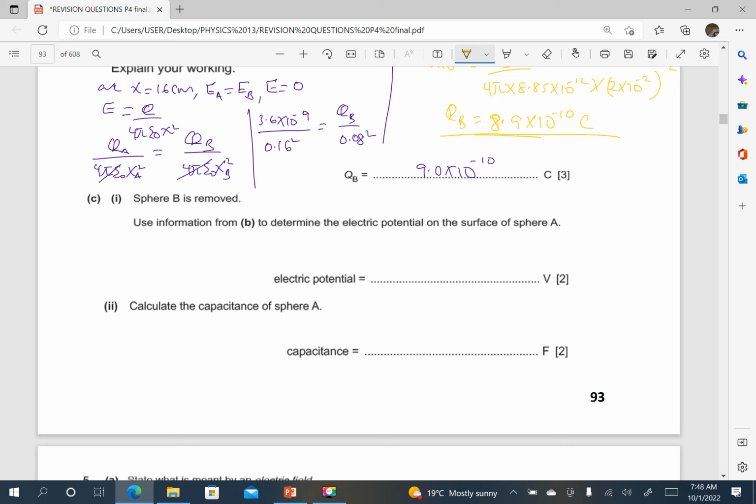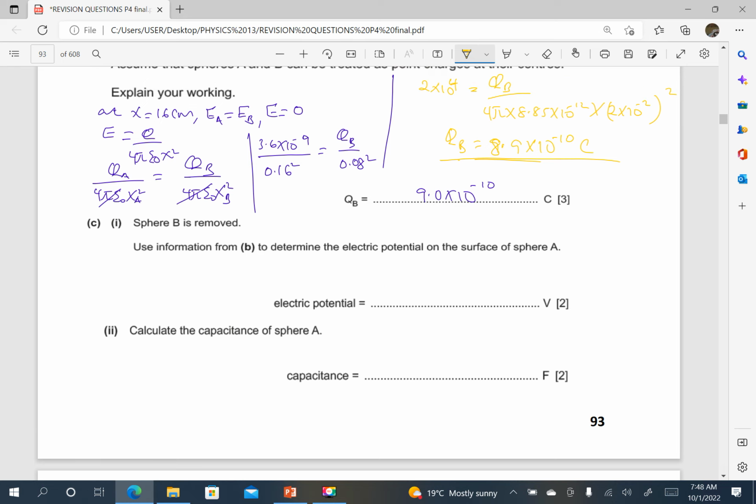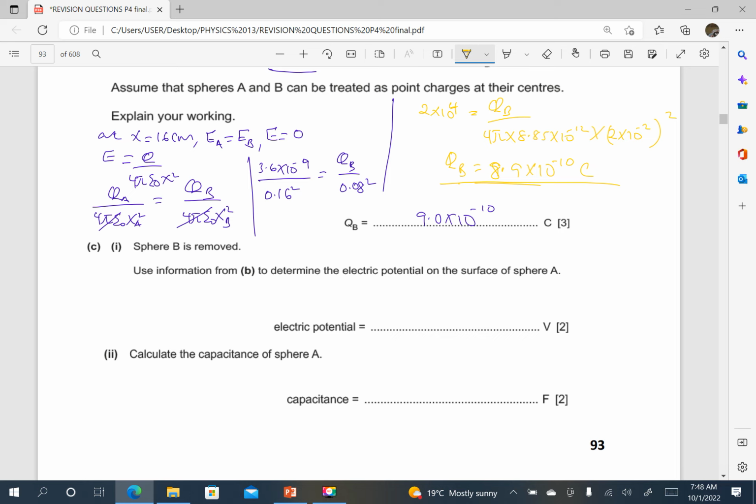Sphere B is removed. Use information from B to determine the electric potential on the surface of sphere A. So we know that electric potential V is equal to charge divided by 4 pi epsilon naught times X. I'll say XA, QA, because I'm looking at the electric potential on the surface of sphere A. So we substitute.